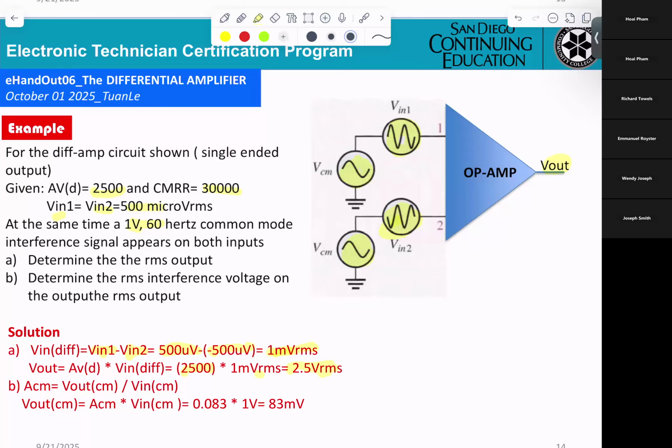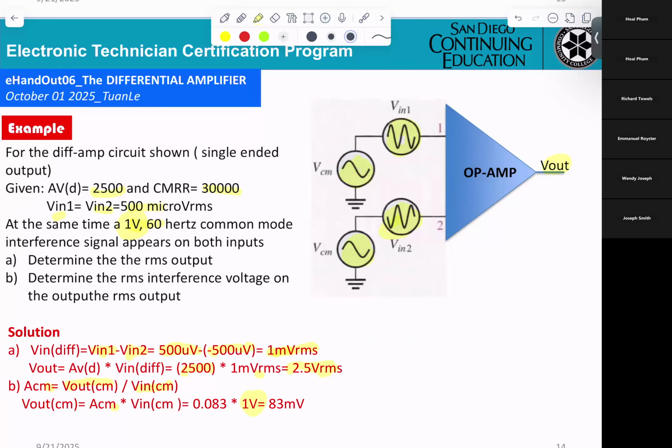Okay, ACM equals Vout divided by Vin CM. And let's see, ACM times Vin CM. That will be 1 volt, so that's why 1 volt here.